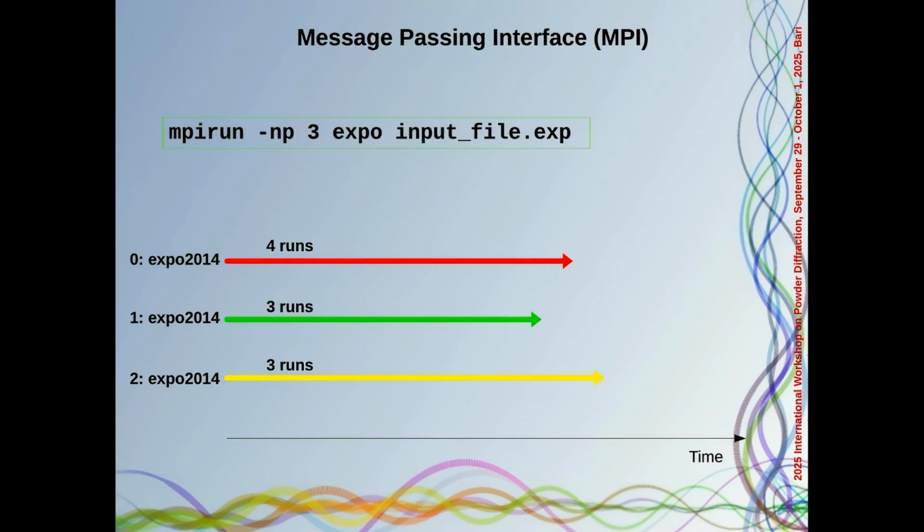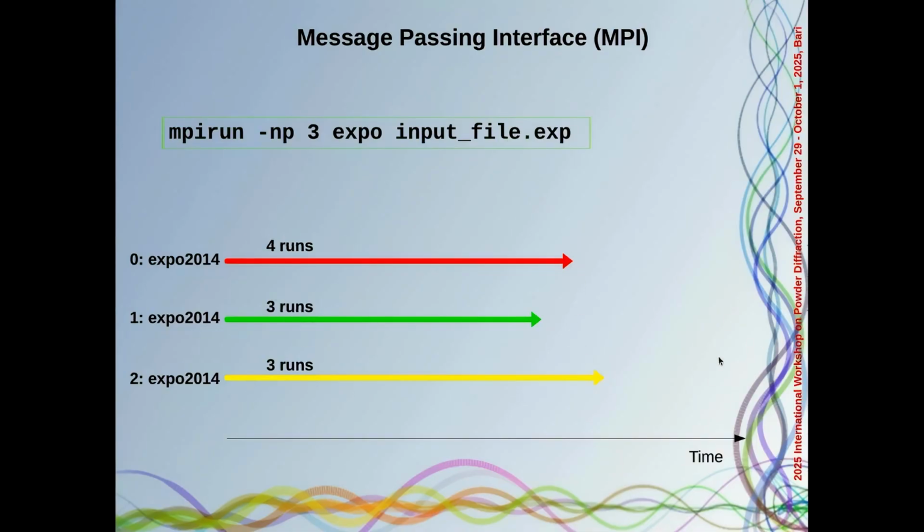Each task has its own private memory and runs independently of the other tasks, and not necessarily at the same speed. If you are performing 10 runs of simulated annealing, these 10 runs are distributed between, in this case, 3 tasks. So the first task will perform 4 runs, and the other tasks perform only 3 runs each.